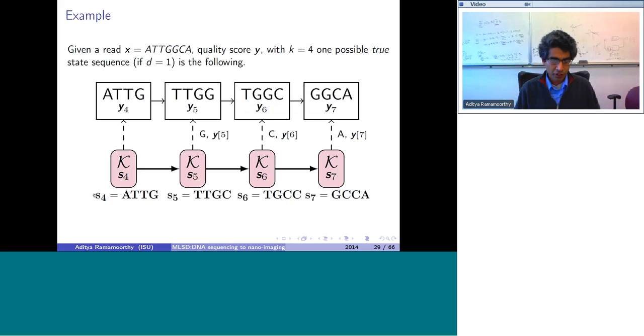Here the first k-mer matches exactly what you're observing. In the second one, the true k-mer could have been TTGC, but you emitted the C as a G, so there's an error at this point. From this point on, your emissions are actually matching your observation. So you're emitting an A and you are at an A. This is an example where the true sequence could be different from the observed sequence by just one error.